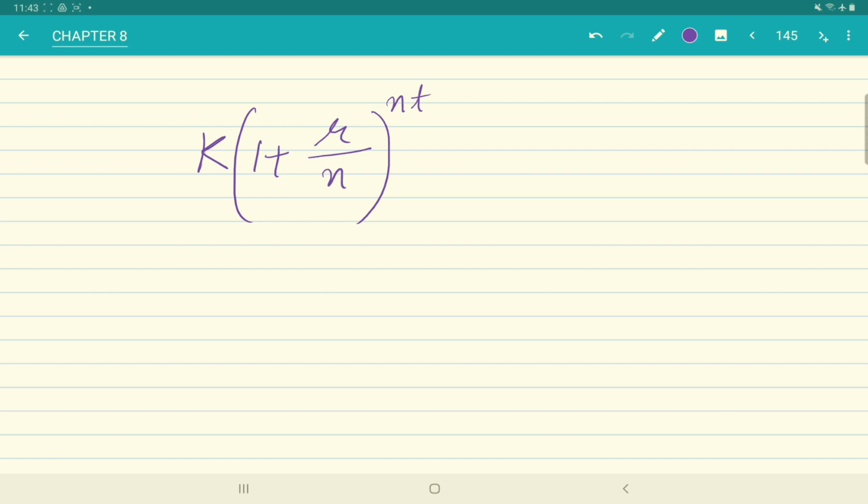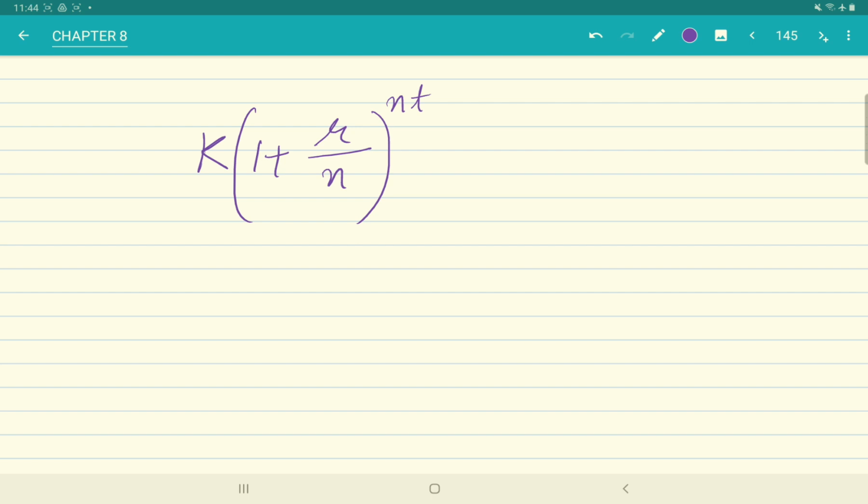The point to note is that there is a limit to how frequently I can add interest to my savings account. So for that, what I have to understand is what this expression will tend to as n tends to infinity. When I say n tends to infinity, we can suppose that interest is being added for a fraction of a second, wherein that fraction gets smaller and smaller.